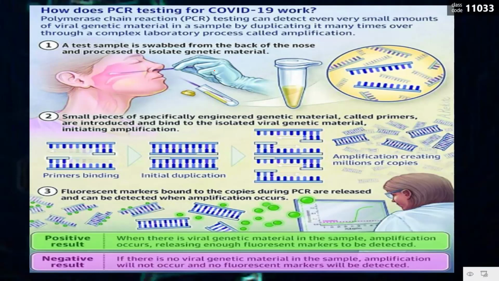Then, i-confirm yan to a database of a COVID gene or a COVID DNA. Okay? I-compare silang dalawa, yung dalawa na yan, to confirm. Okay? By comparing it to confirm that you have really a COVID-19.